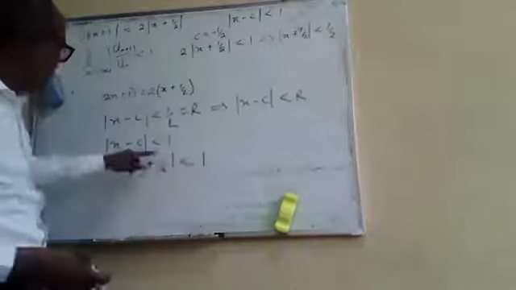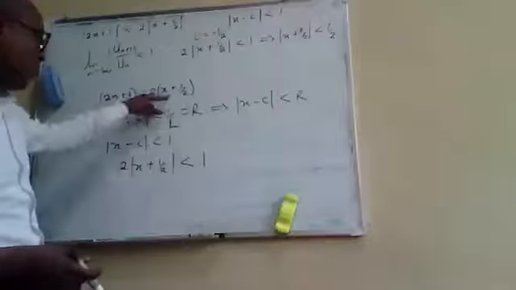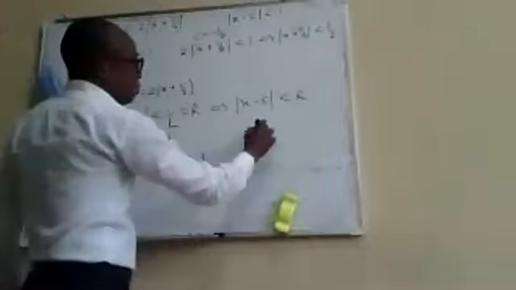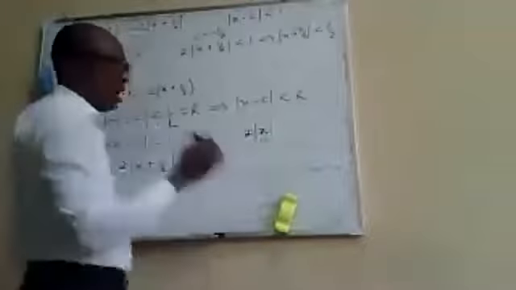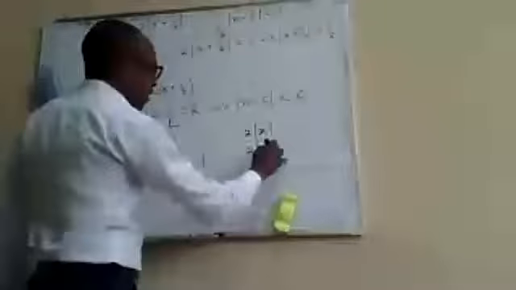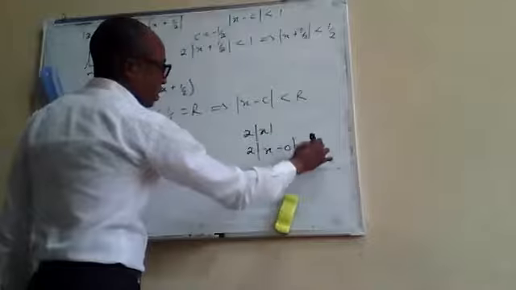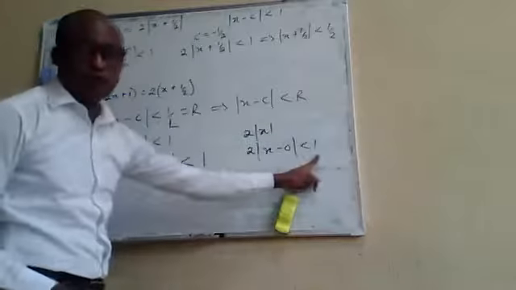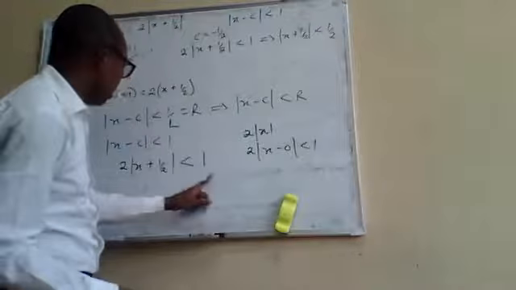This is the formula to test for convergence: once your series satisfies this, you say it converges. I have to write it to look like the first one. Just like the first one I did the other time, there we had 2 absolute of x, which I rewrote as 2|x - 0| less than 1, and then divided through by 2. The same thing I'm doing here.